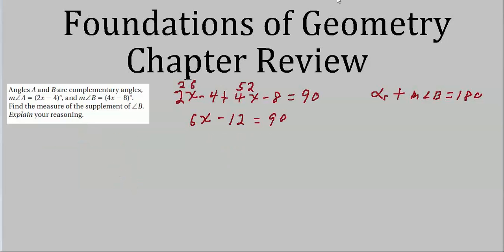And you've probably spotted my bonehead move by now. If not, well, here it is. 6x minus 12 equals 90 means that 6x equals 102. I subtracted from both sides.